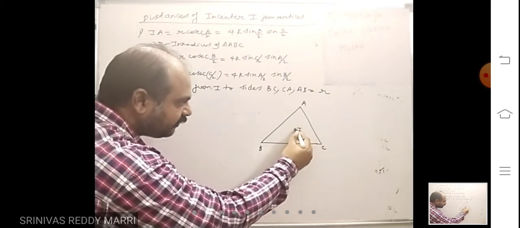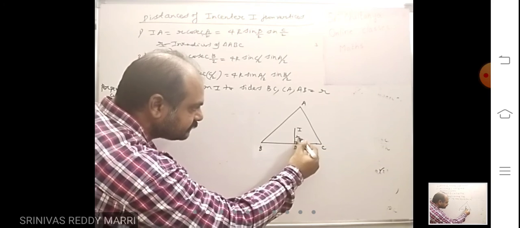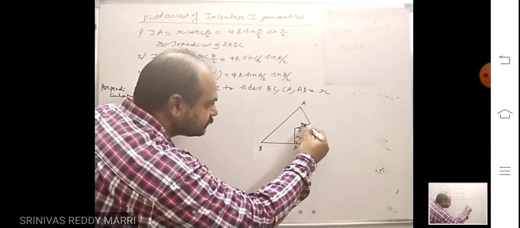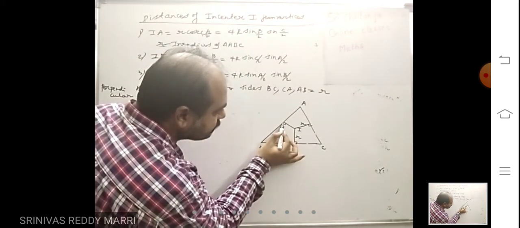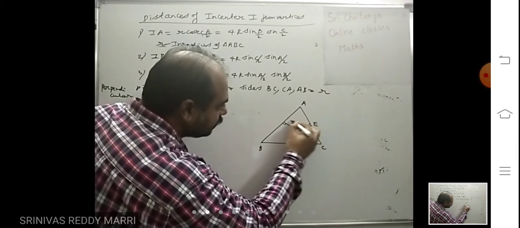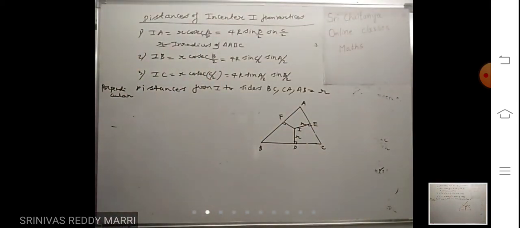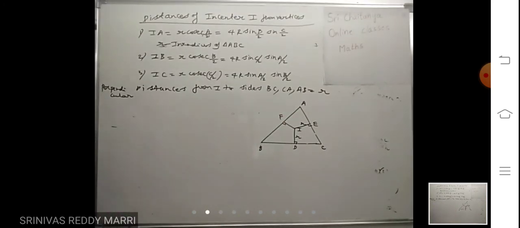From this center, if you drop a perpendicular, this is nothing but the inradius. Obviously from the incenter, the perpendicular distances to all the sides are equal, and that is called the inradius.